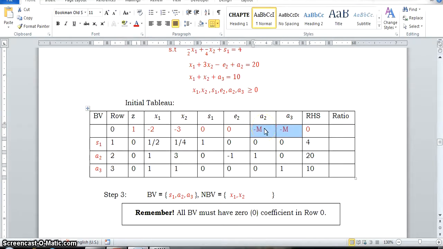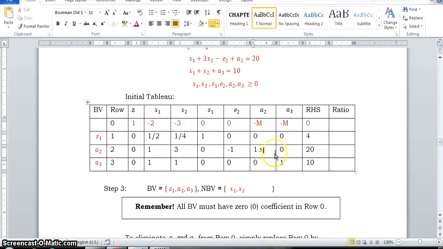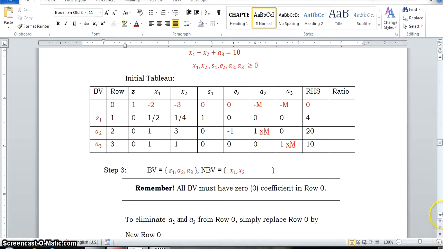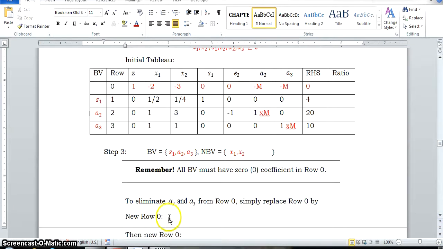To eliminate A2 and A3 from row 0, we use row 2 and row 3, and we must multiply both rows by M. Therefore, to get the new row 0, the formula is R0 plus MR2 plus MR3.